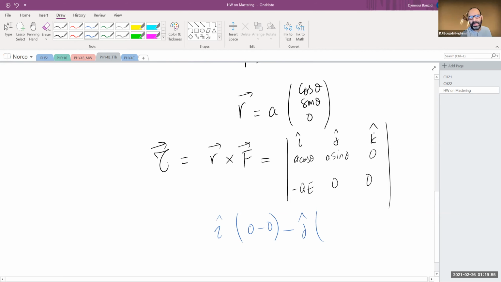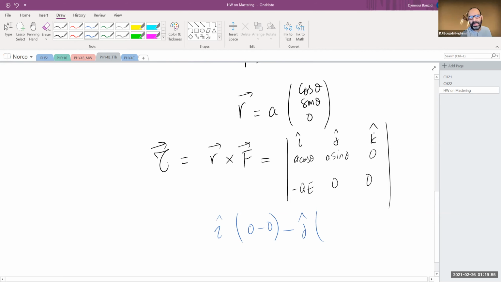I have 0 times A cosine theta, which is 0, and 0 times this number, which is 0. 0 minus 0. Plus now k hat, and for that, I have to multiply 0 by this number, which is 0, minus minus, so it's going to be a positive Q E A sine theta.